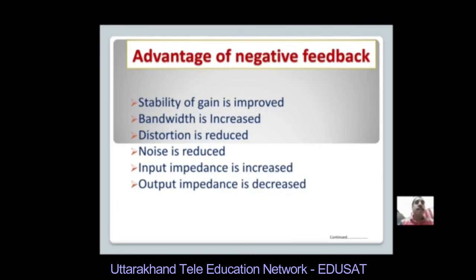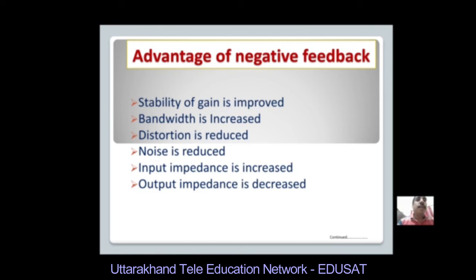As I discussed earlier, negative feedback is mainly used in amplifier circuits. These are some of the advantages of negative feedback. Stability of gain is improved and sensitivity is decreased. The bandwidth is increased. Distortion, both amplitude and frequency distortion, is reduced.